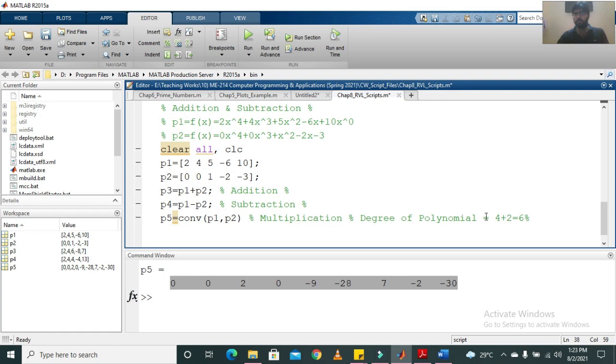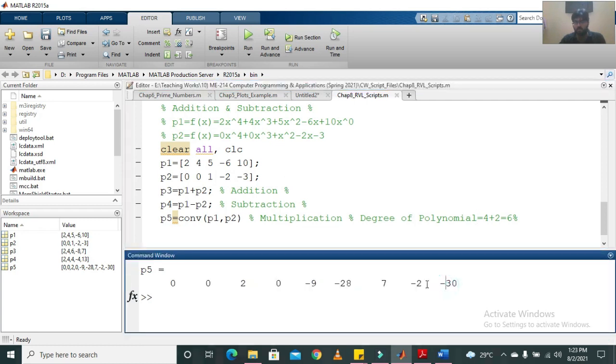Here you can see this is a constant, x to the power 0, x to the power 1, x to the power 2, x to the power 3, x to the power 4, x to the power 5, and this is our x to the power 6.